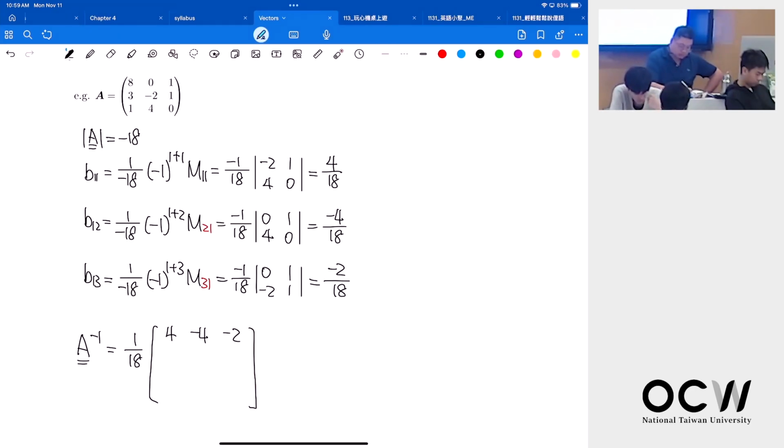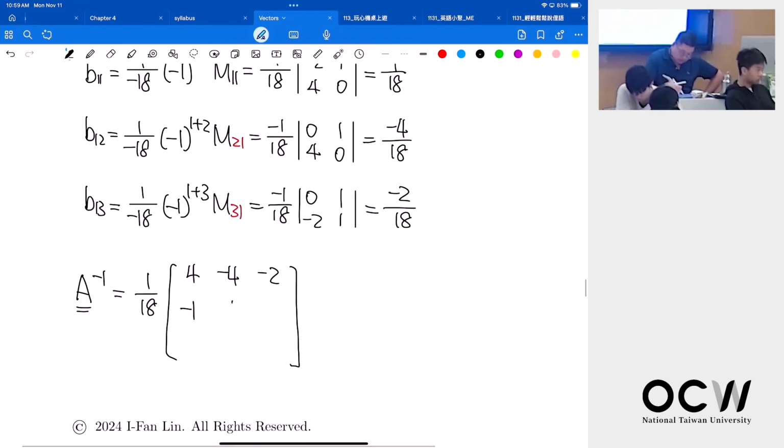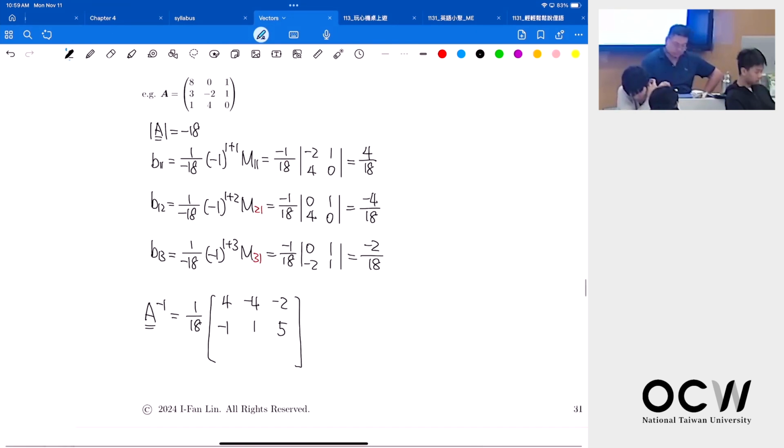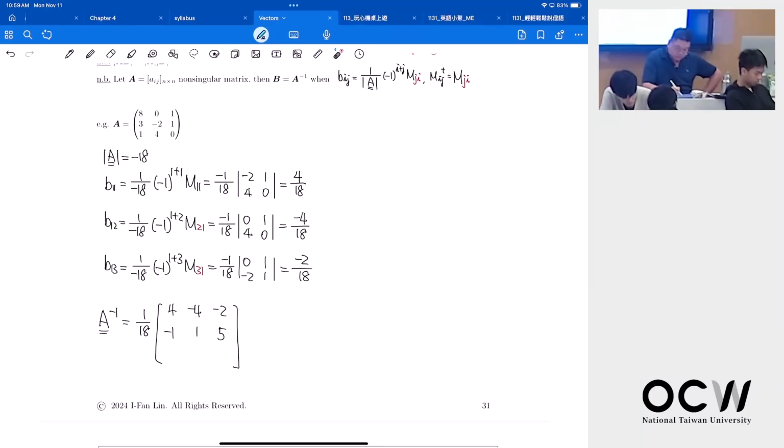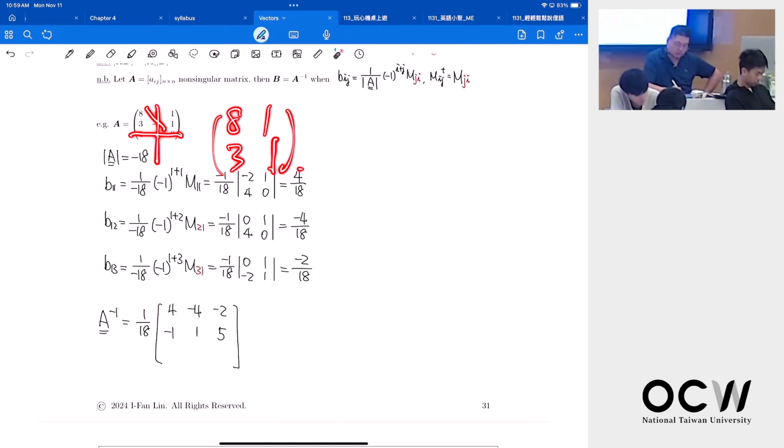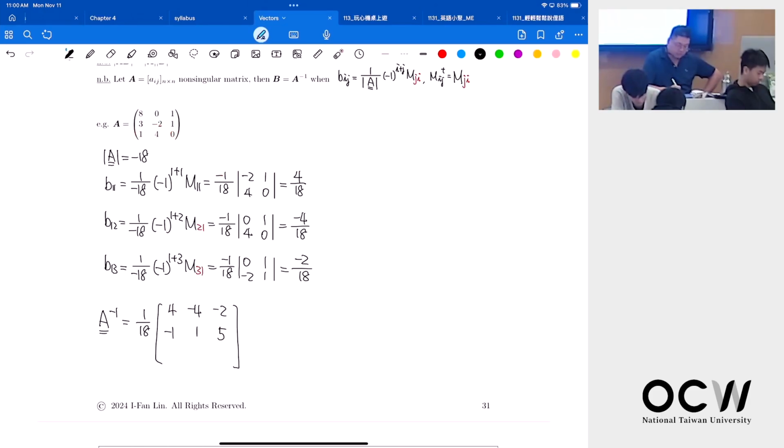So here we have minus 1, 1, and 5. Okay, so let's see for here. If I want to find B23, then I will jump to here, 3, 2, and cross out. And then I get 1, 8, 3, 1. So it should be 5. And then it should be minus 5.